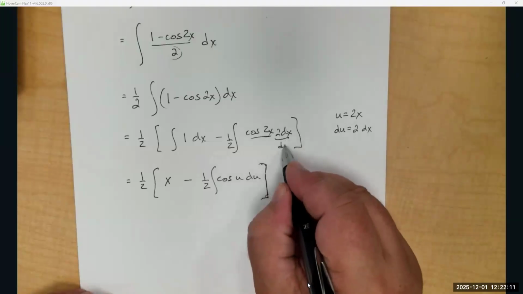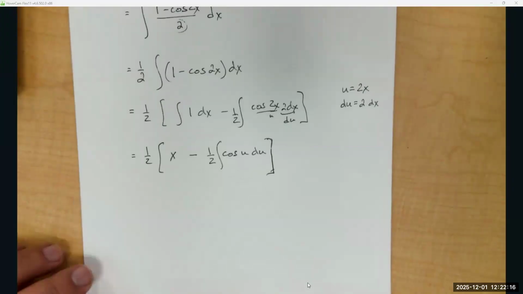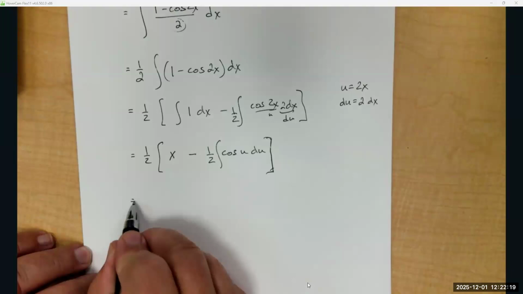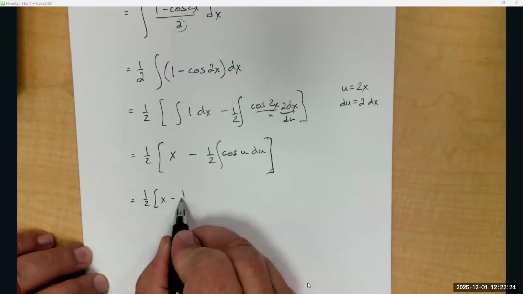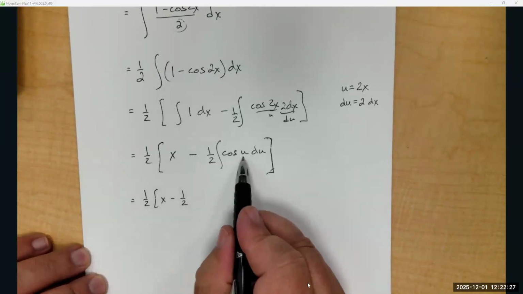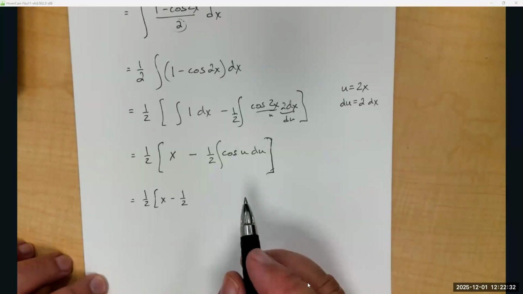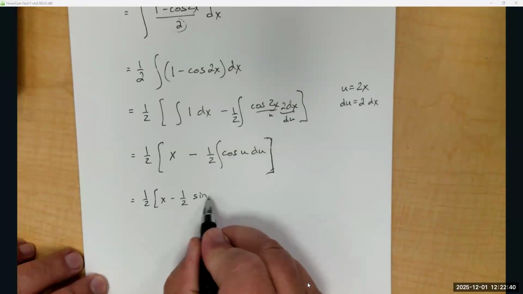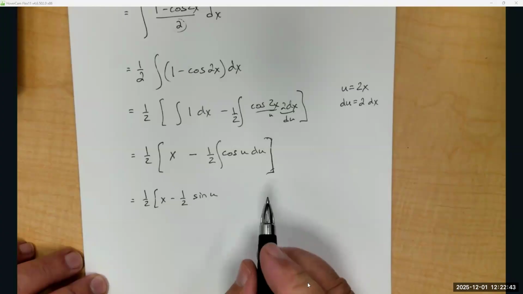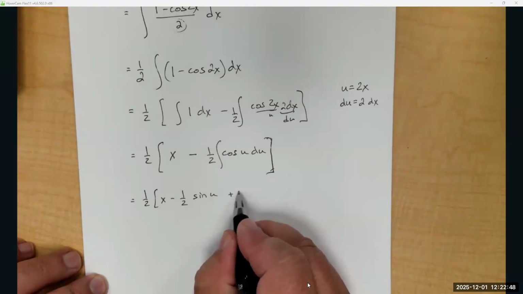So this is du, and this is u. What's the integral of cosine u? Sine u. All that plus c.